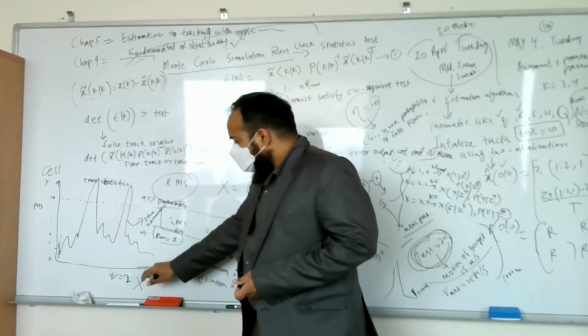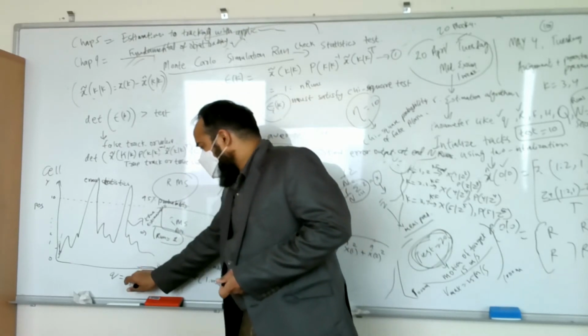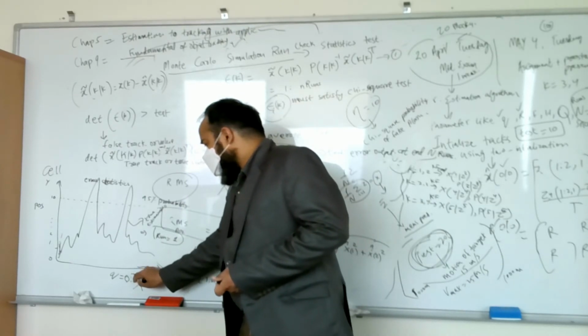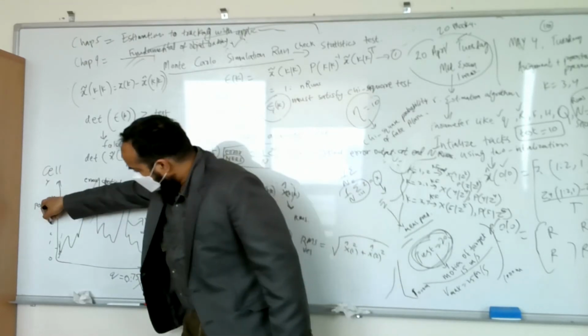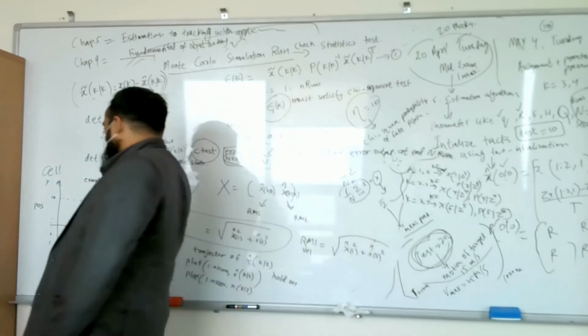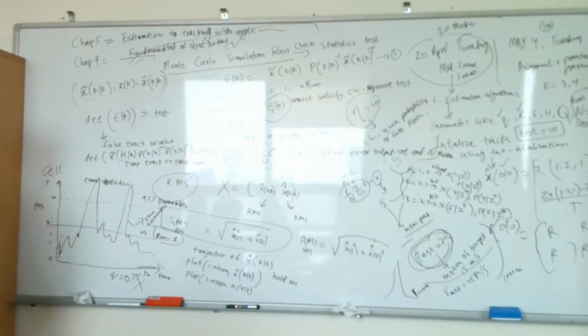If you make it smaller, like 0.75, then it will be like here, up to 4 maximum.